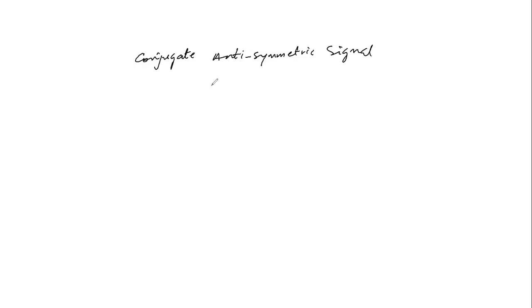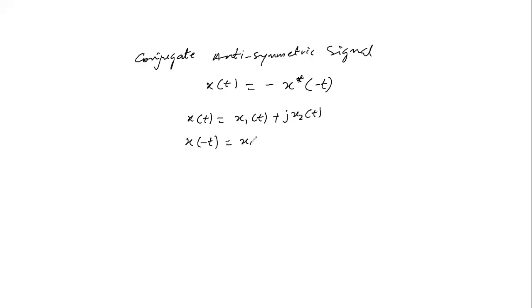By definition, S of t is the same as minus the complex conjugate of the time reverse version, such that if S of t is given as S1 of t plus jS2 of t, then the time reverse version will be given as S1 of minus t plus jS2 of minus t.